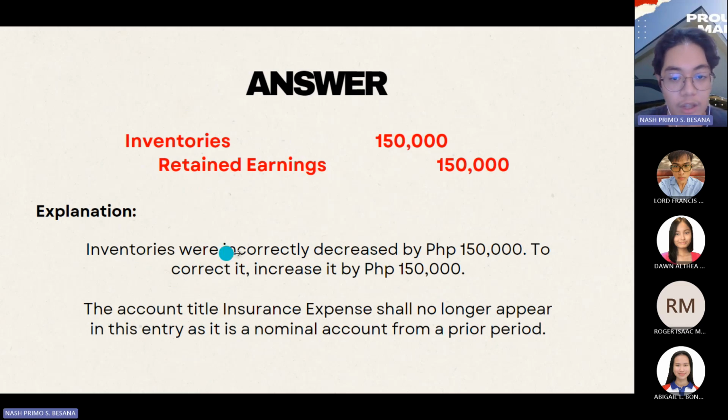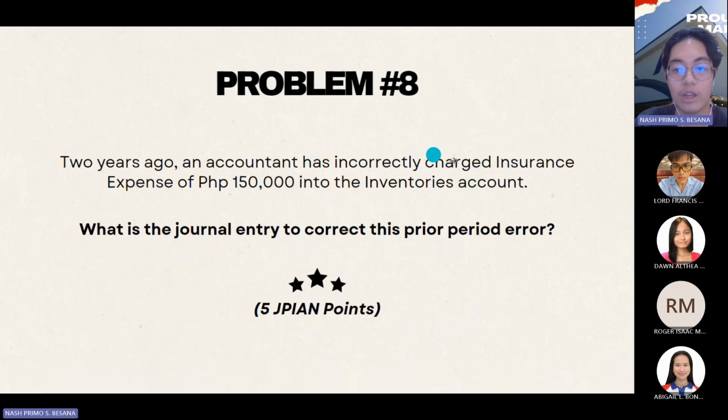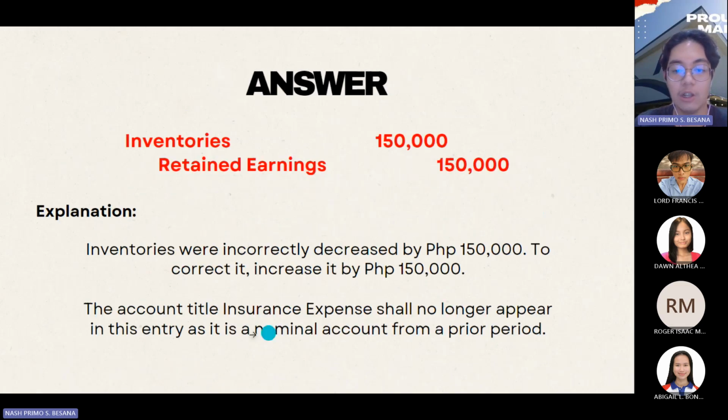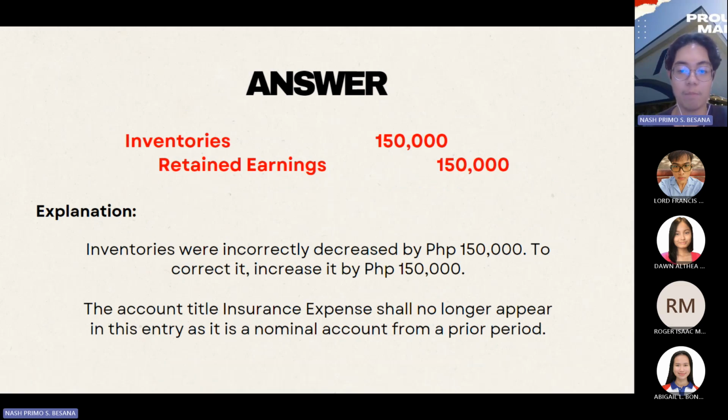Ayan, so inventories were incorrectly decreased by 150. To correct it, increase it by 150. The account title insurance expense, ito to. Yung insurance expense shall no longer appear in this entry as it is a nominal account from a prior period.